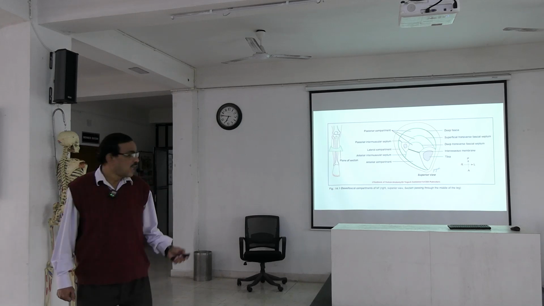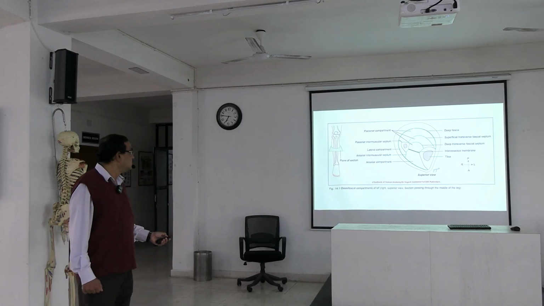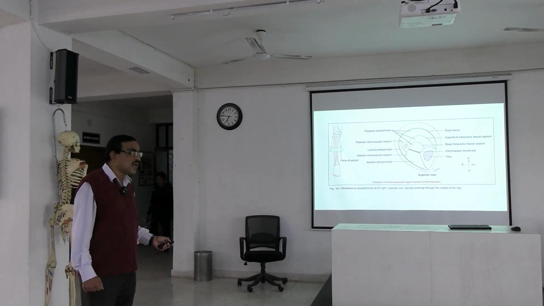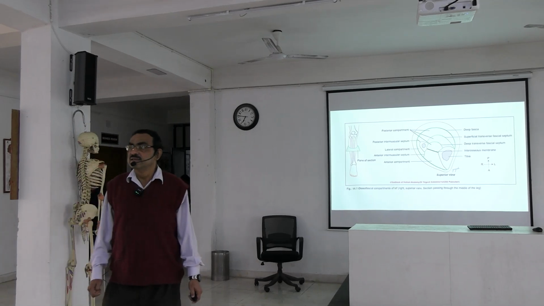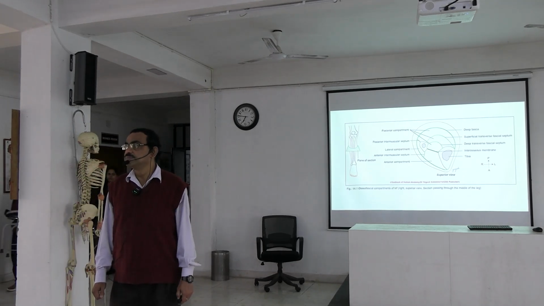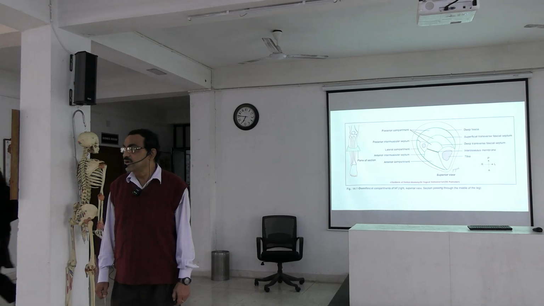And the green one is the deep fascia. And in the leg, the deep fascia is called fascia cruris.